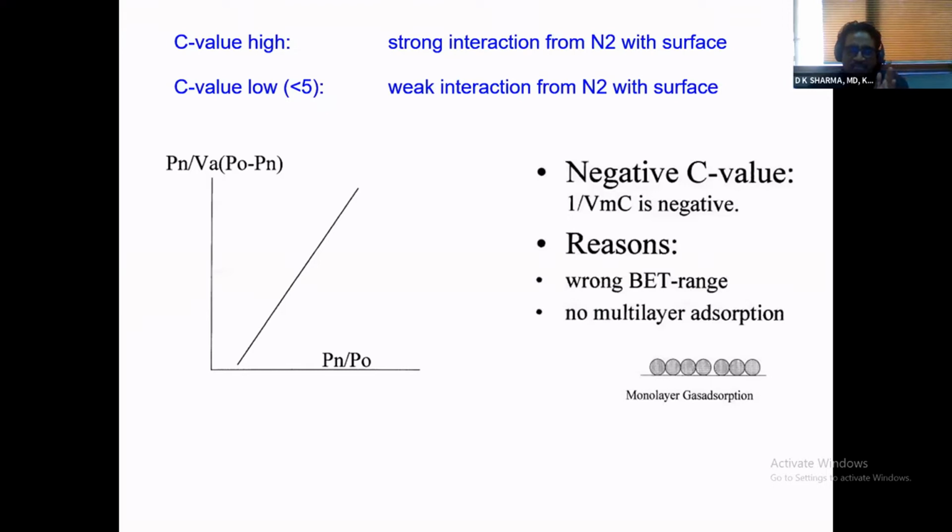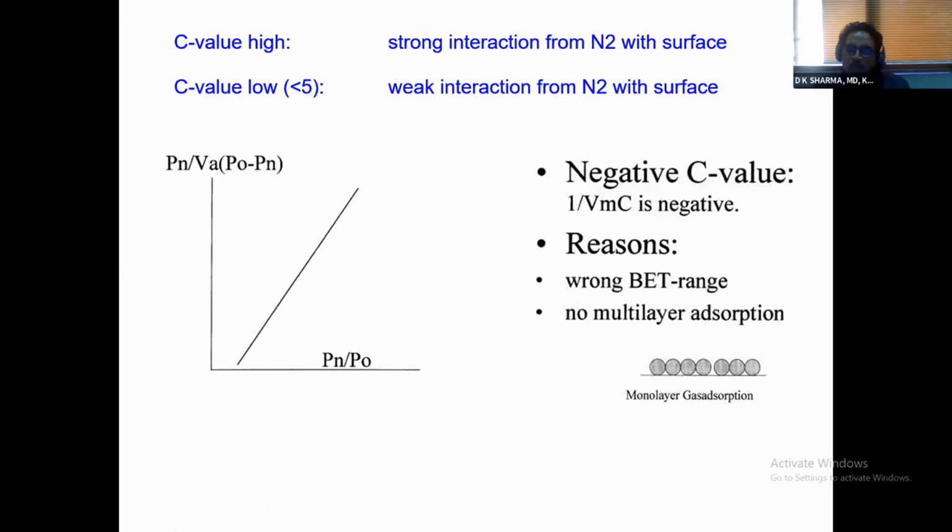We will see these results later on, but it's a wrong BET range. Another reason could be that the pores are so small and there is no open surface, which means it's only microporous surface.